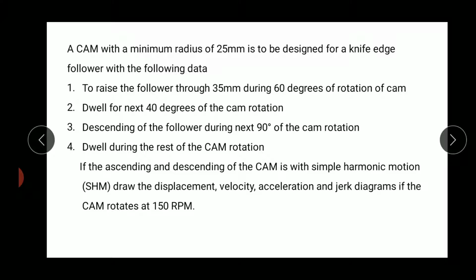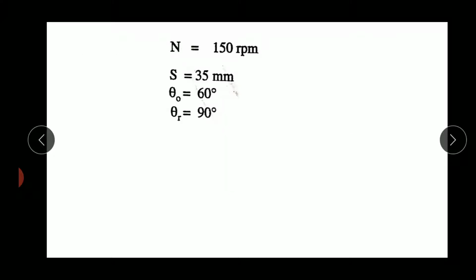There are various videos available. Even you can refer to the videos on the motion of the follower moving with simple harmonic motion. When the cam profile is made, you only have to be concerned about the displacement graph. So the displacement graph will be plotted like that.